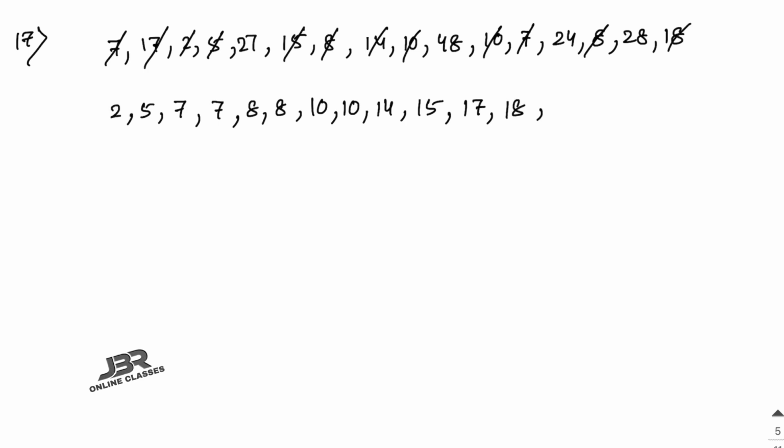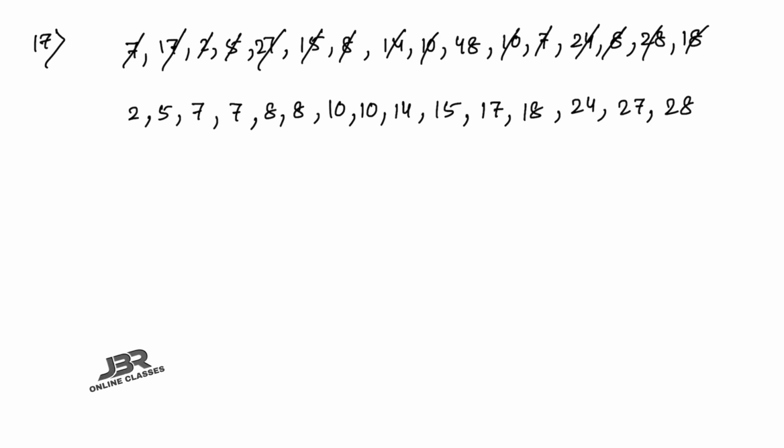Now next 24, then 27, then 28, and the last one 48. So the total number of observations is 1 2 3 4 5 6 7 8 9 10 11 12 13 14 15 and 16, total 16 observations.